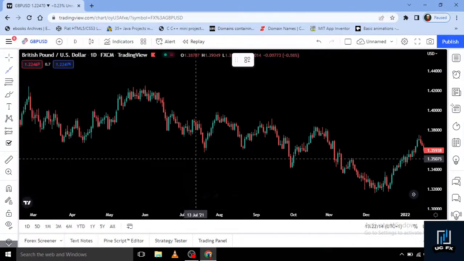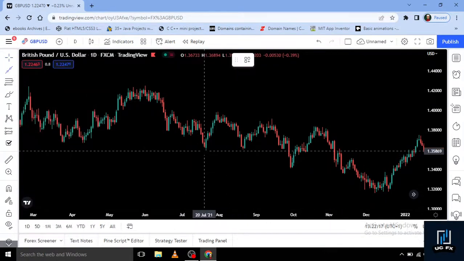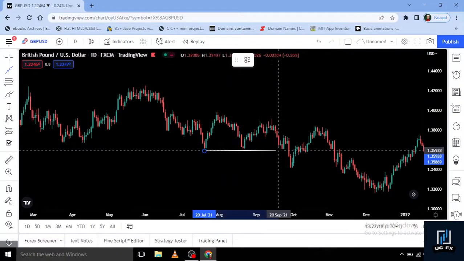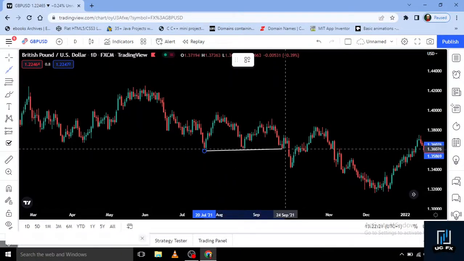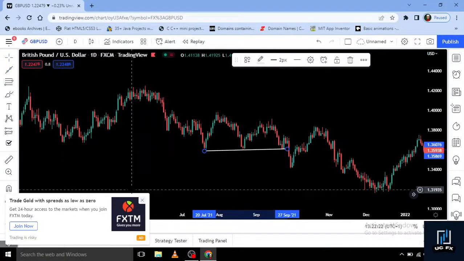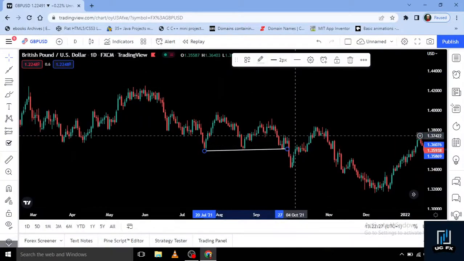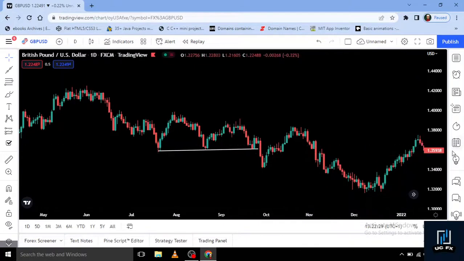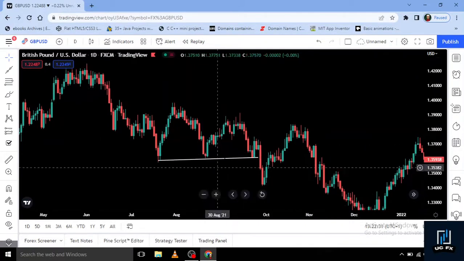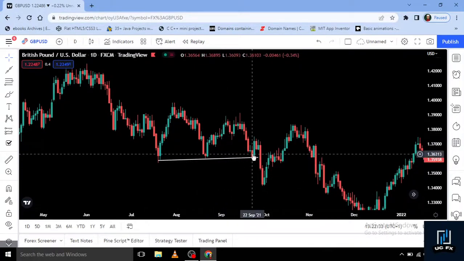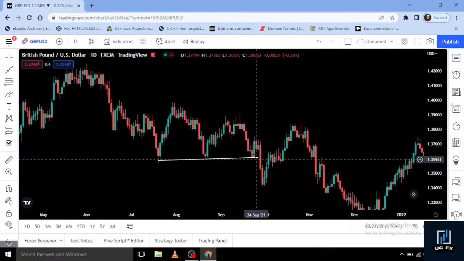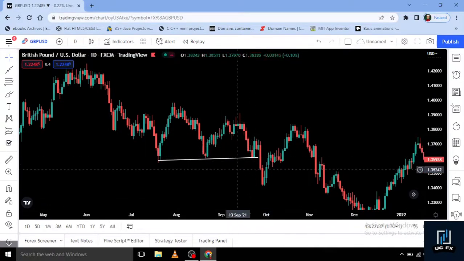You're wondering, why did I get taken out from this support zone? You can see it. Why did price fail to hold when it reached this support zone?